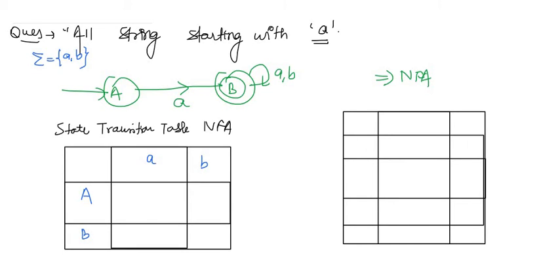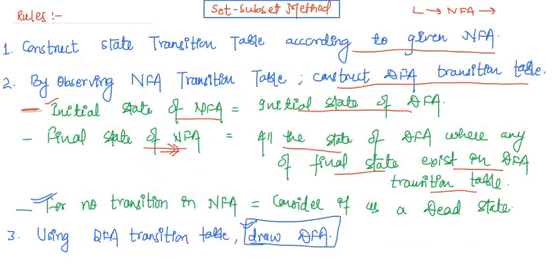Now we have to show the transition. For the state A, on the small a, it reaches state B, and for small b on A there is no transition. That means here we can write phi, and this phi we will take as a dead state in the DFA, as we have discussed.